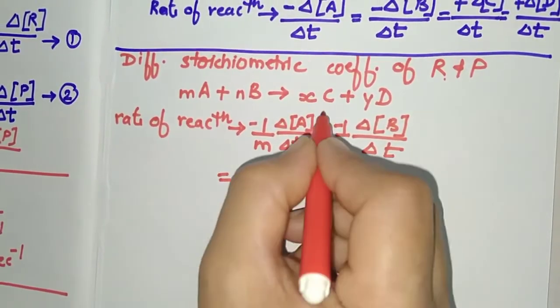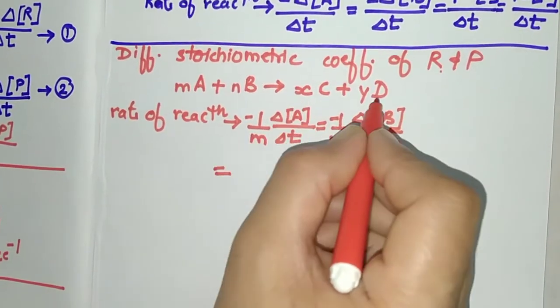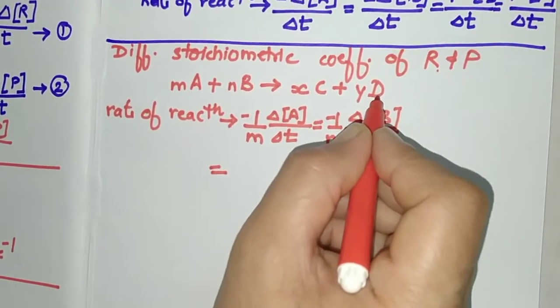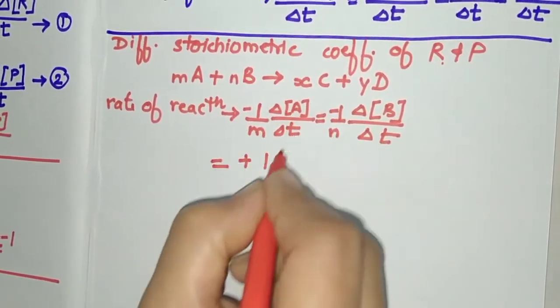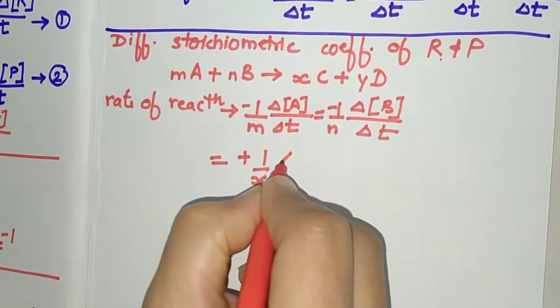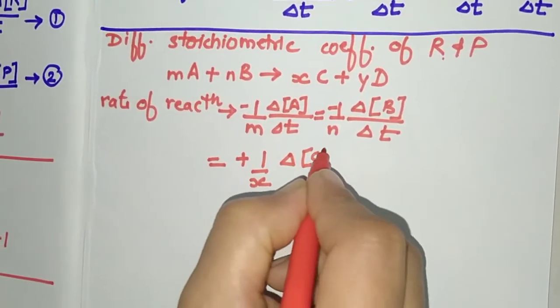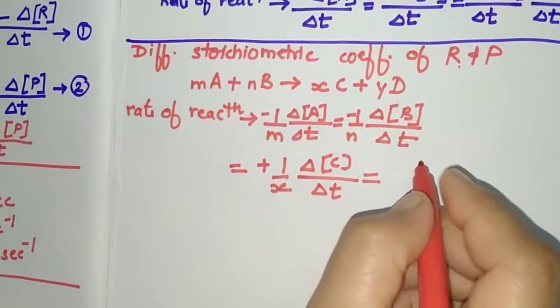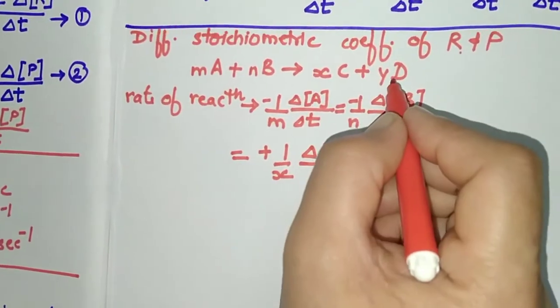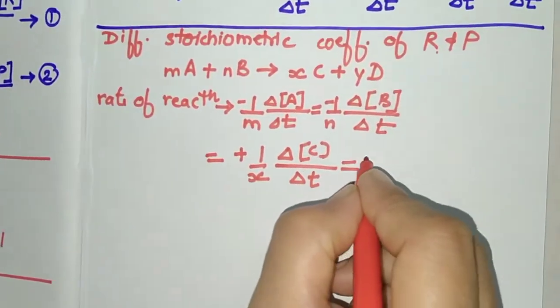And this will be equal to the C term, because it is a product and it is increasing, so it becomes plus. x becomes 1 upon x, delta C upon delta T, and this will be equal to, again this is product, plus, increasing.